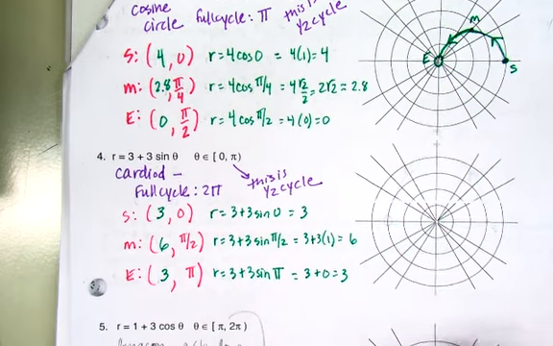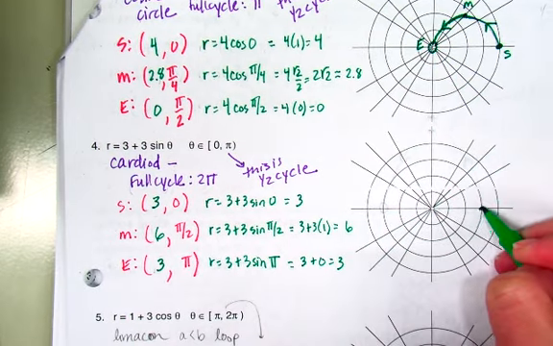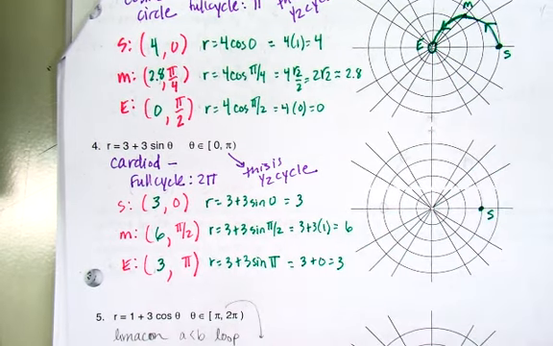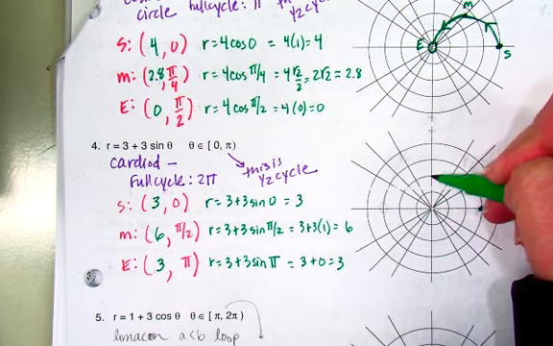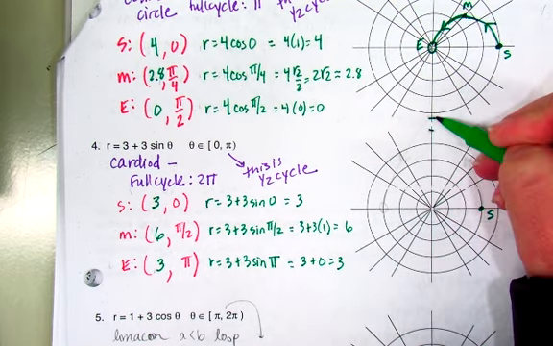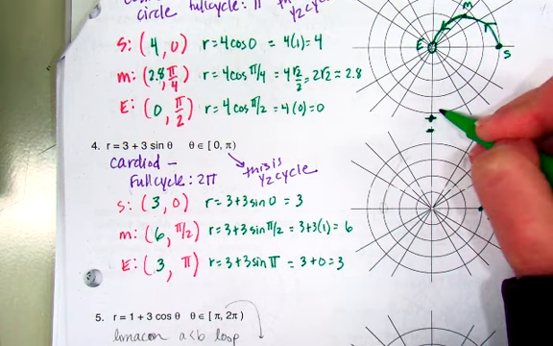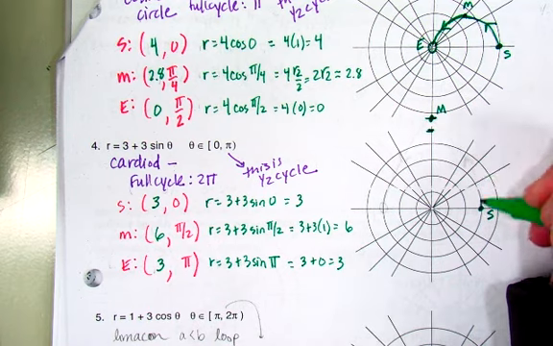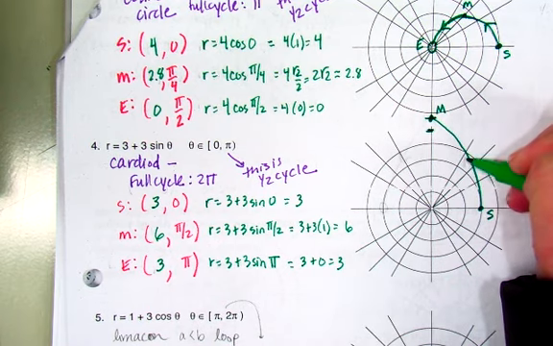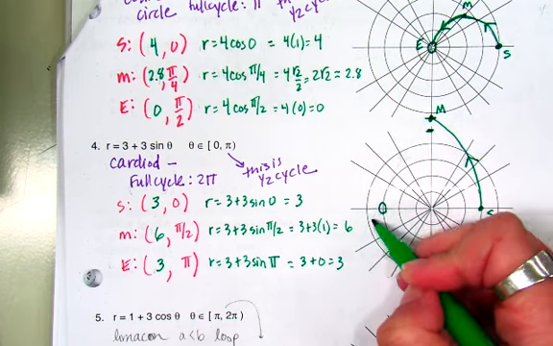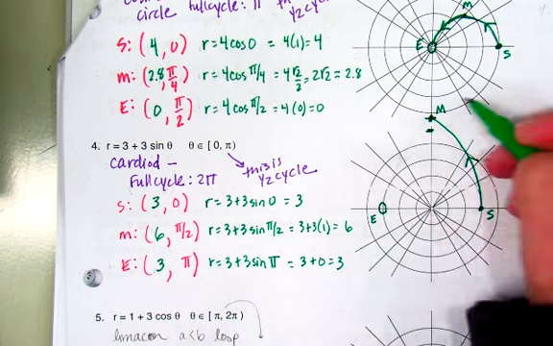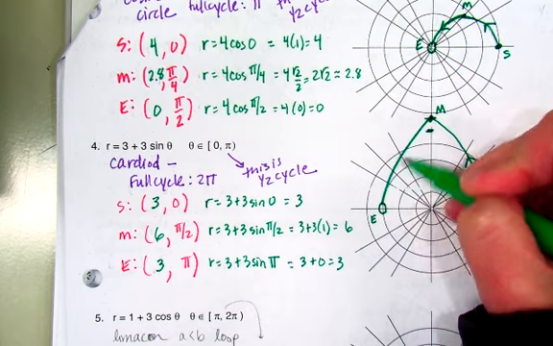When I go to graph those, starting point is here at 3, 0. My middle point is up here at pi over 2, 1, 2, 3, 4, 5, 6. There's my middle point, so I'm coming up to there. And my ending point is down here at pi, and the r is 3, so I've come back down.